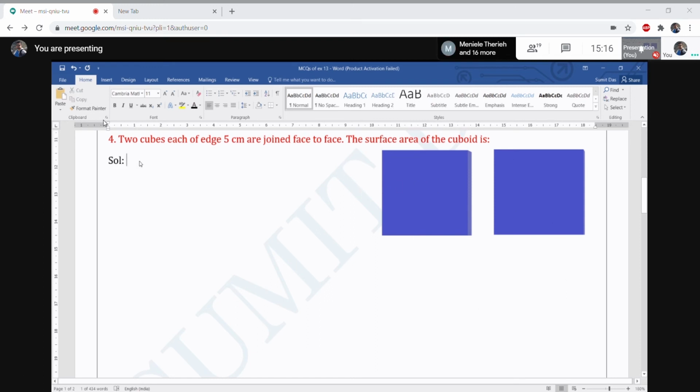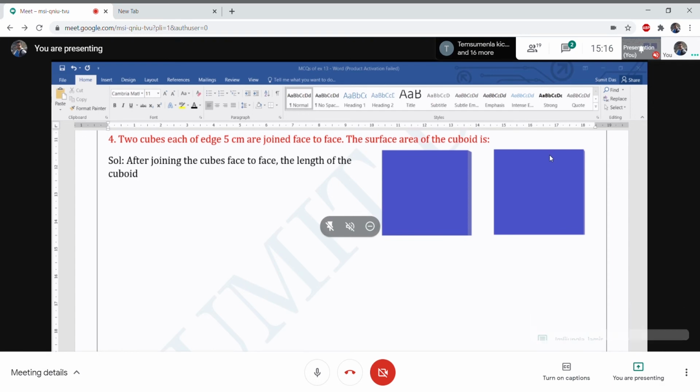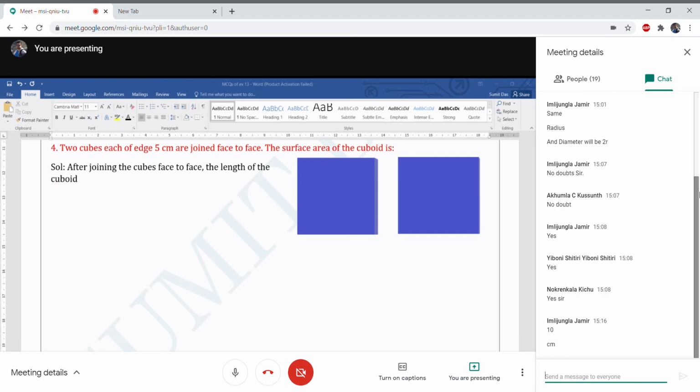What will be the length? After joining these two cubes face to face, the length will be 10 centimeter, right?